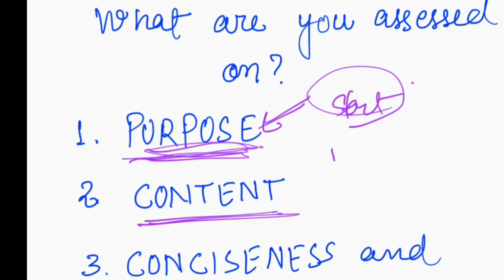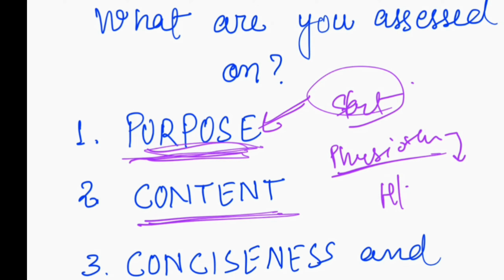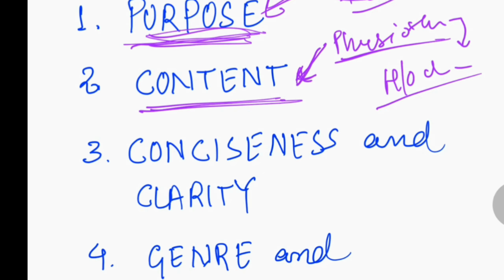So if you're writing to a physiotherapist, then physiotherapists do not need to know about perhaps the patient's history of depression, or an orthopedic surgeon does not need to know about a skin condition, something like that. So the content that you are going to write in the letter will change from reader to reader.